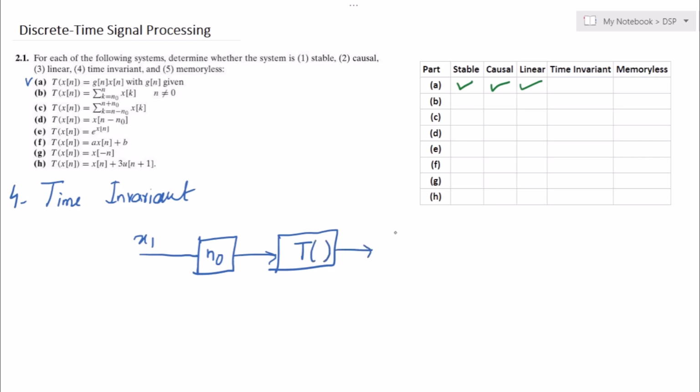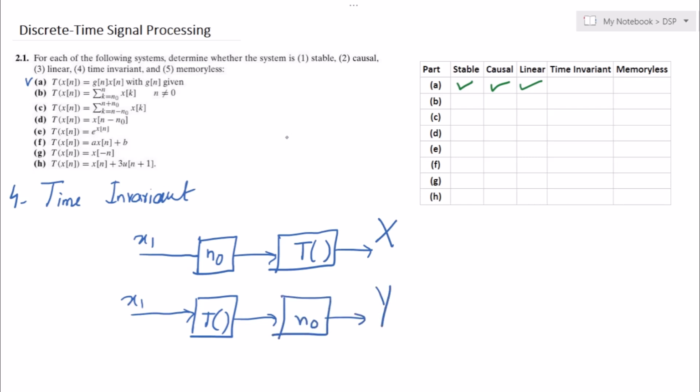The output of it, let me call it capital X, and if this similar input is applied first to a system and then this is delayed after it, the output, let me have here y. So if x is equal to y, the system will be time invariant, otherwise the system will be time variant.